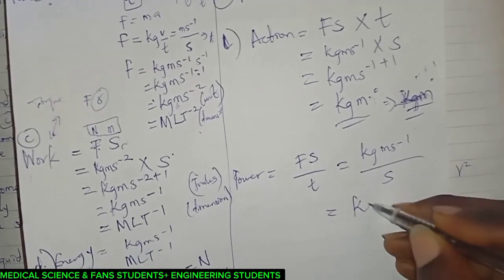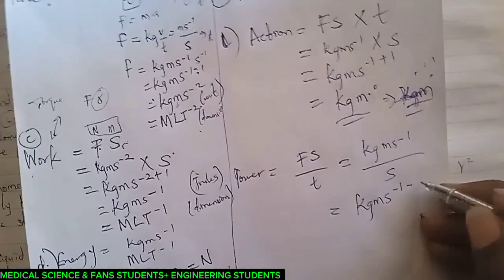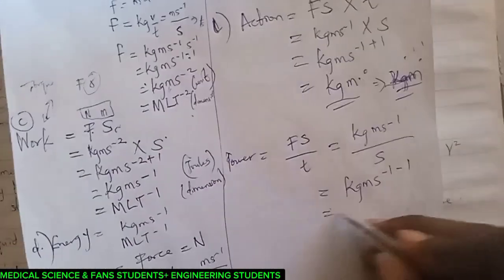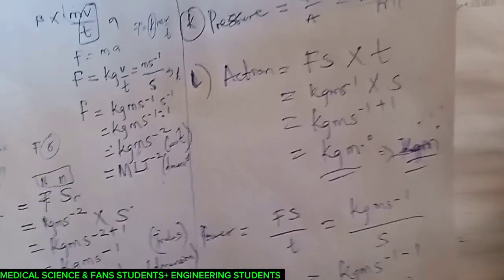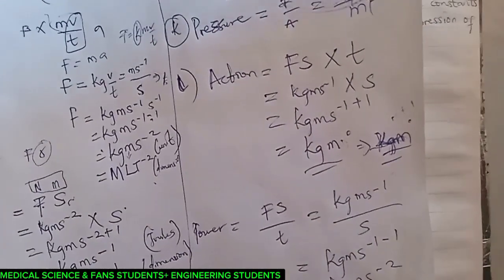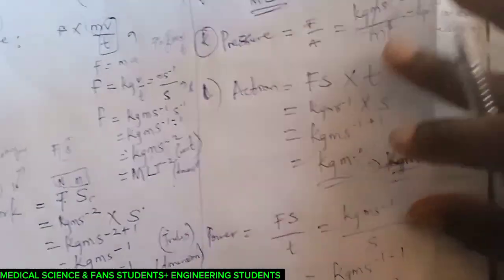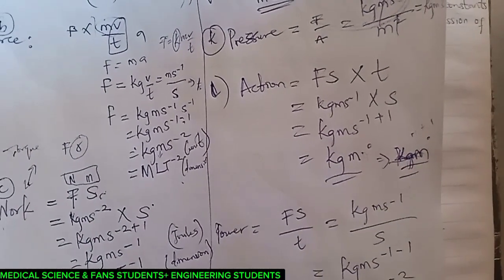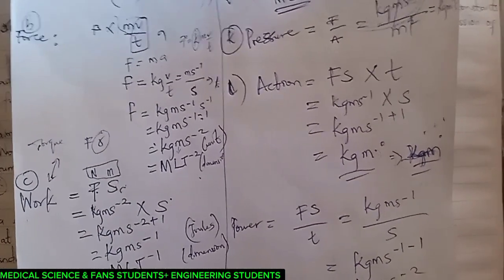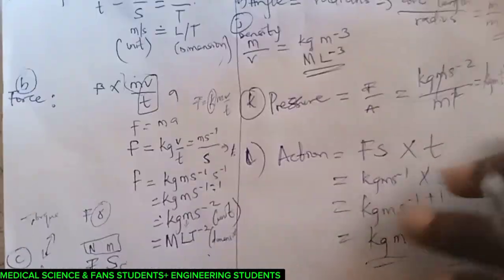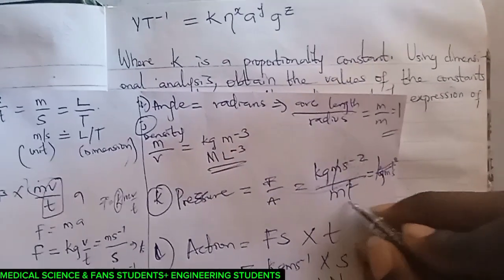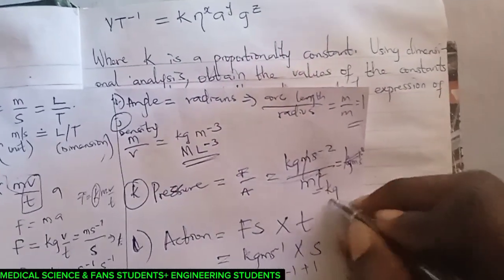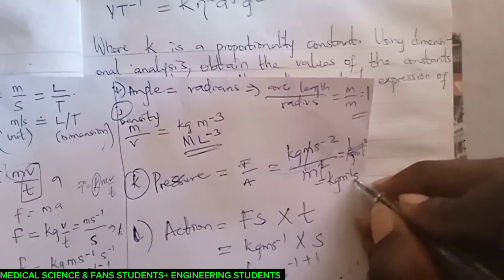So it is kilogram meter per second square. Kilogram per meter per second square.